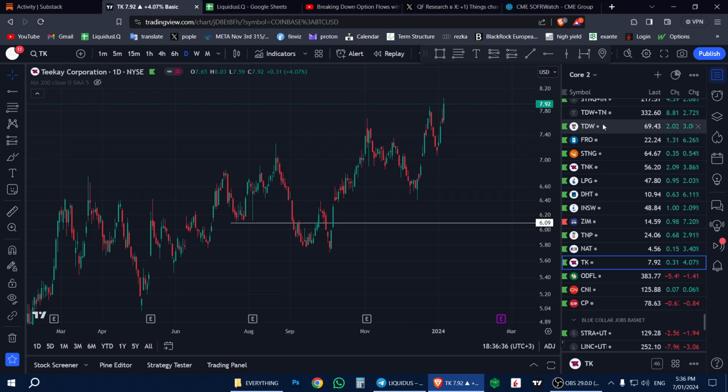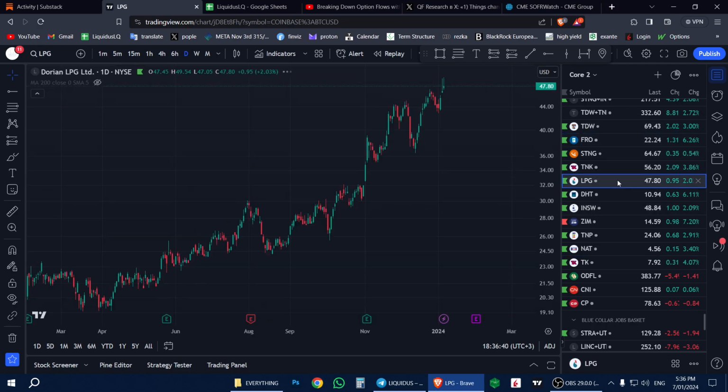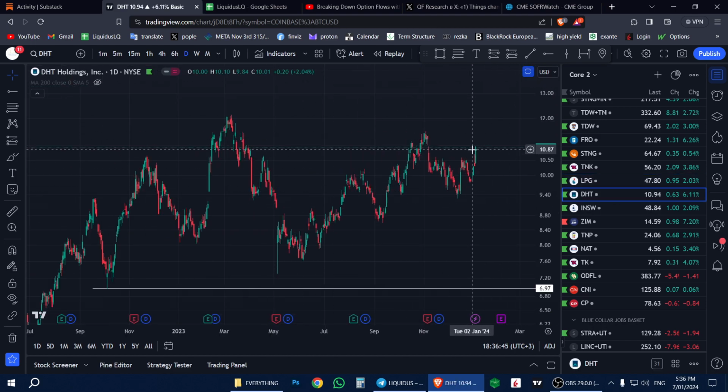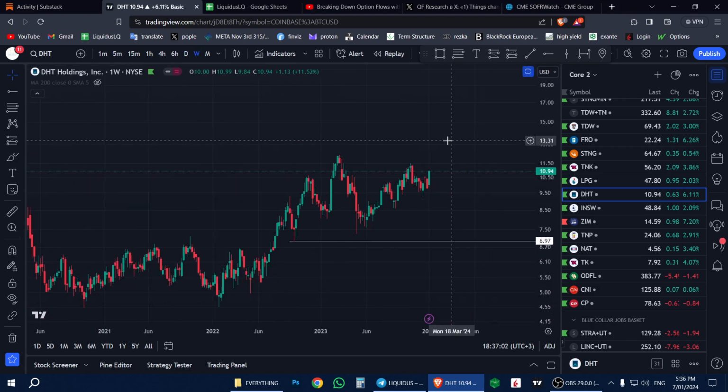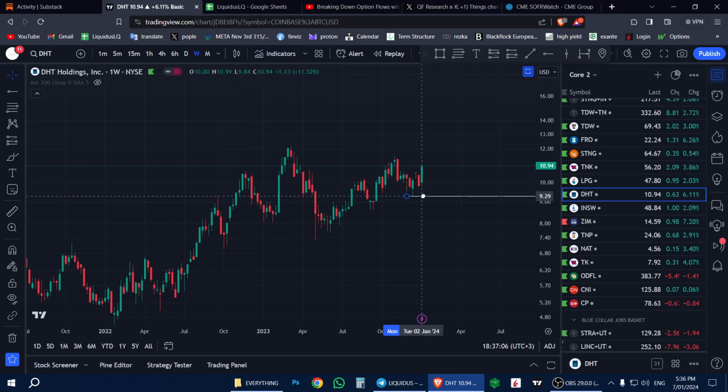TDW, FRO, TNK, LPG we have on, DHT as well. These are the things that probably should be added into the basket as well. And with this beta consolidation that we're currently observing, yes, we will accumulate and put on a full position in all of these names. These companies should feel themselves quite nice in 2024.